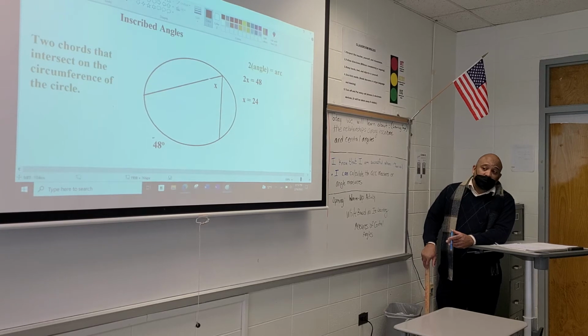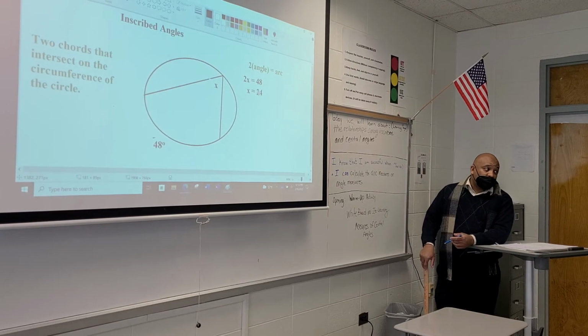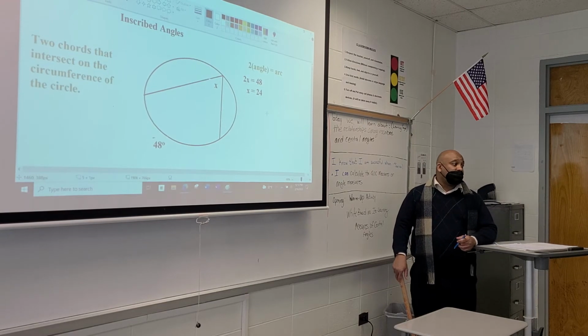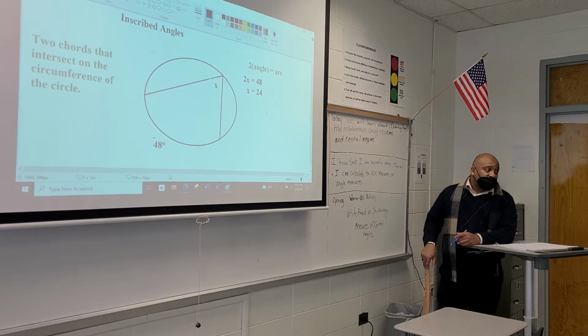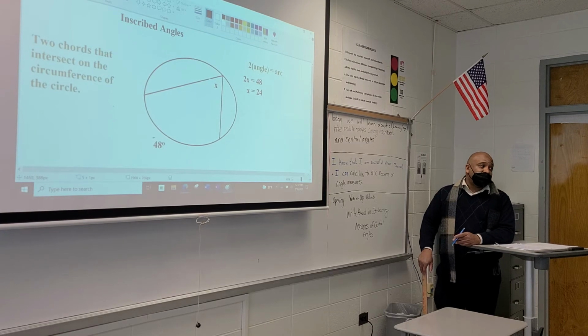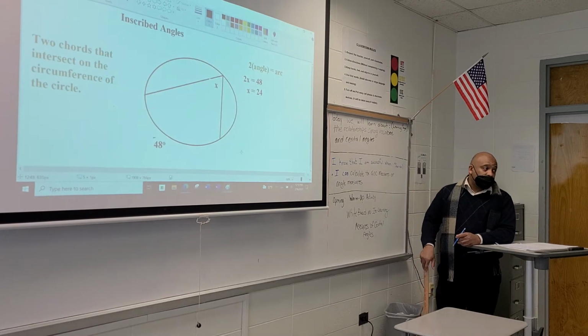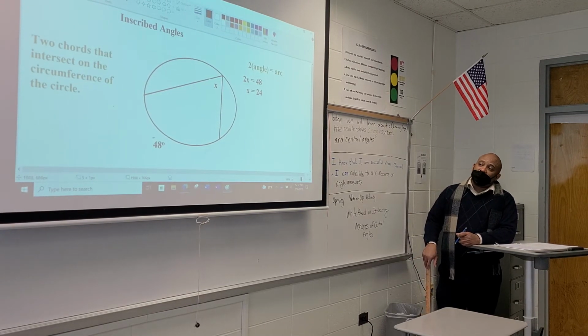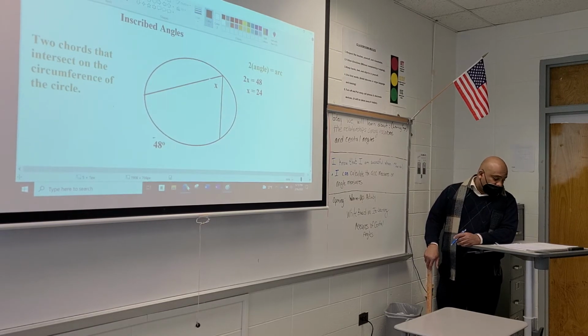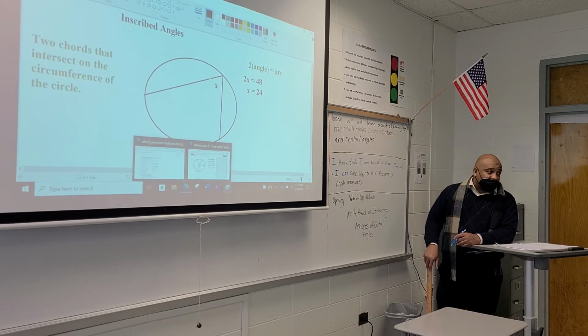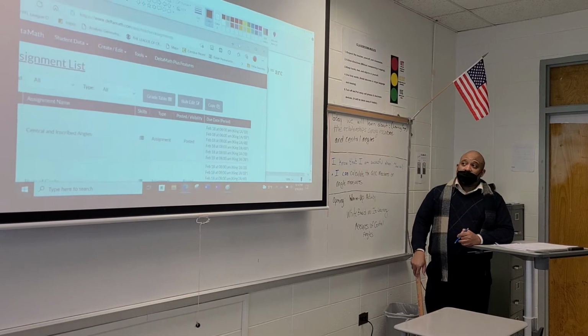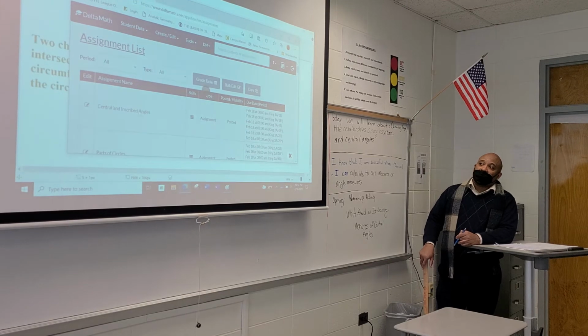We talked about what a radius was, what a diameter was, what a chord is, what a tangent, point of tangency, and a secant. That's gonna be your next assignment in Delta Math. Does anybody have any questions about what we've gone over?